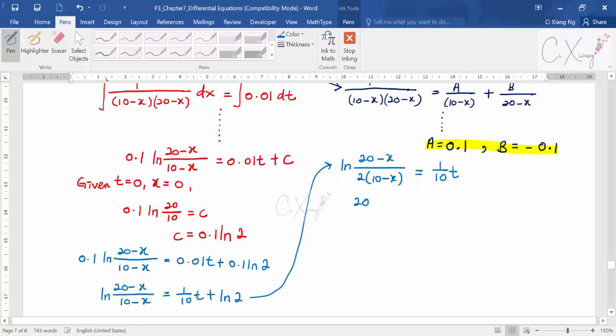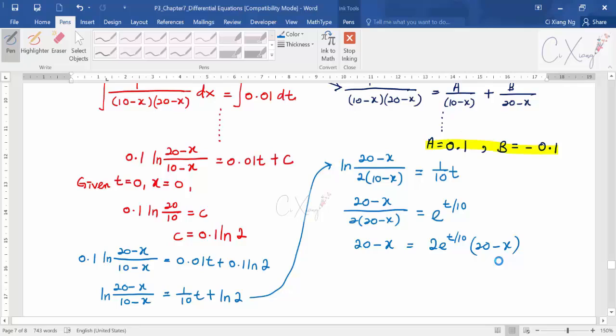I want to bring the ln over, and I will have e power t over 10. Then if I continue further, 20 minus x equals 2e power t over 10 multiplied with (10 minus x).